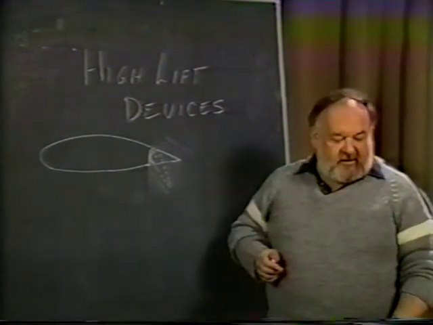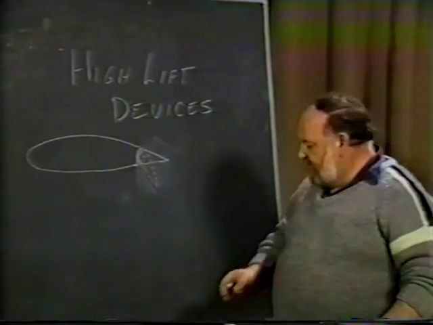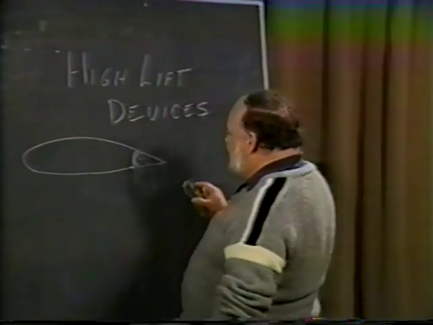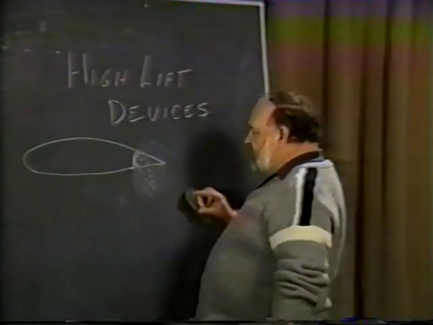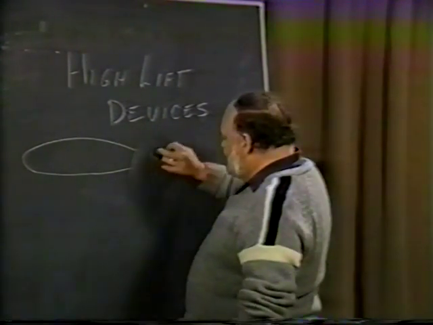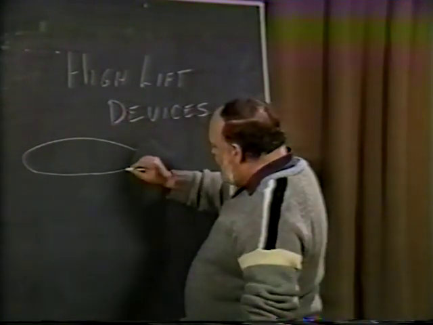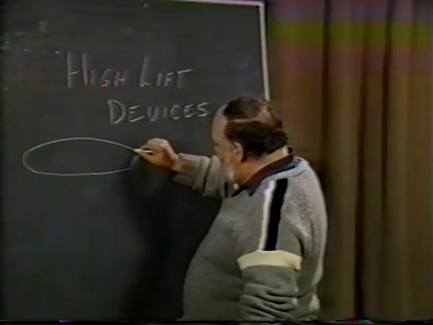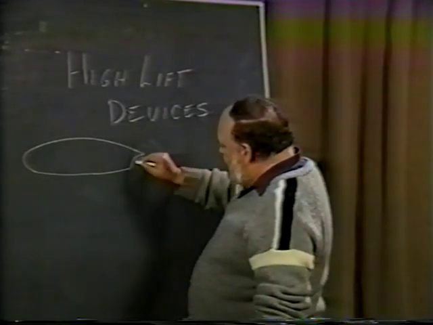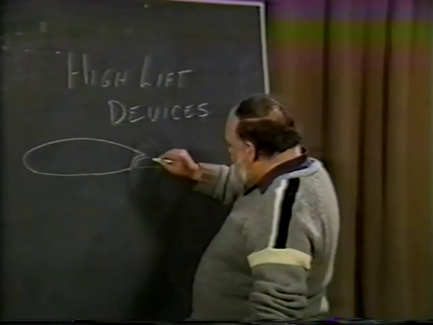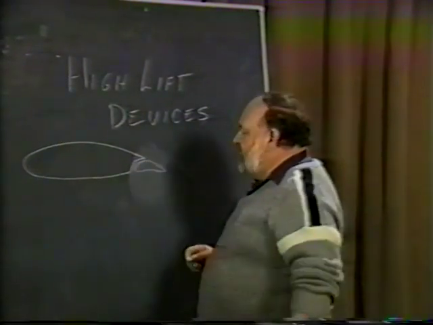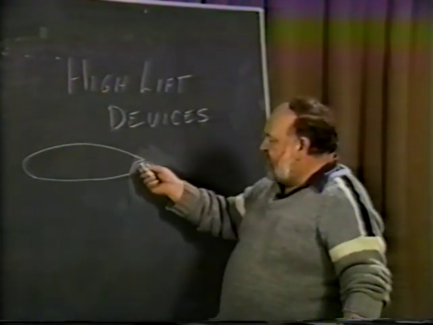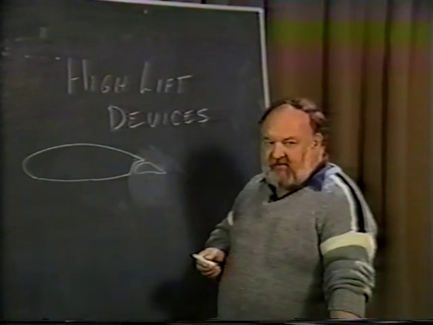The next type of flap that could be used is what is known as a slotted flap. A slotted flap is somewhat similar to a plain flap, except that there is a slot controlled between the flap and the main wing section itself.